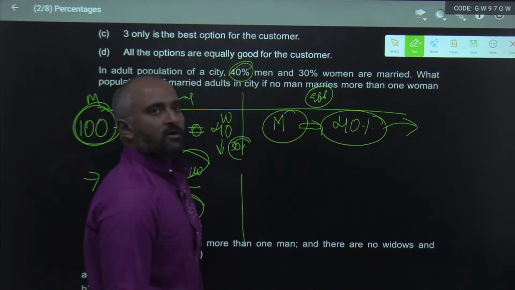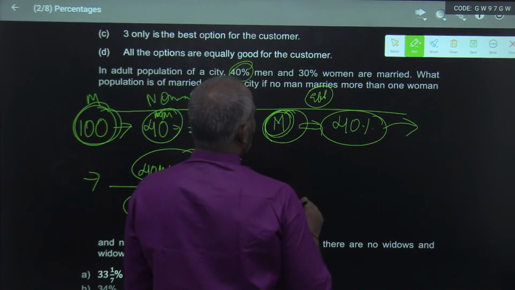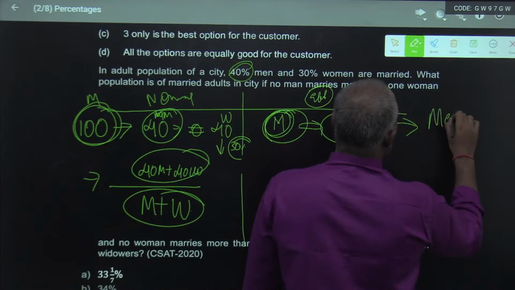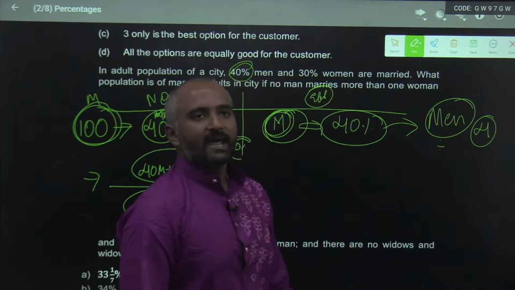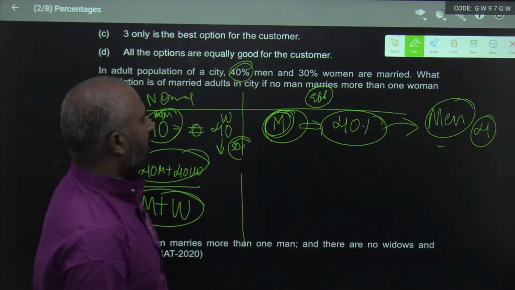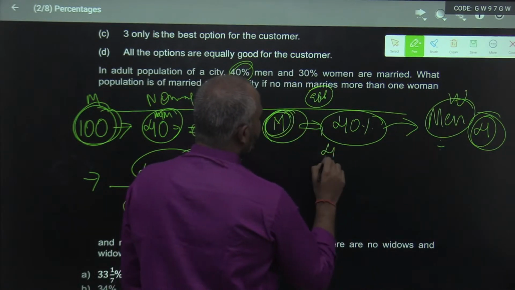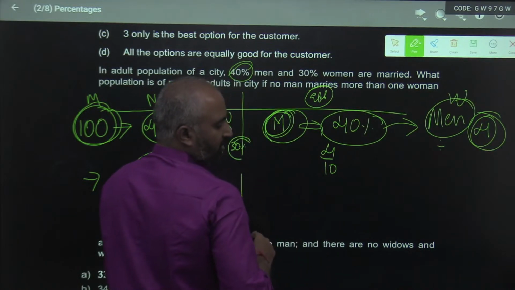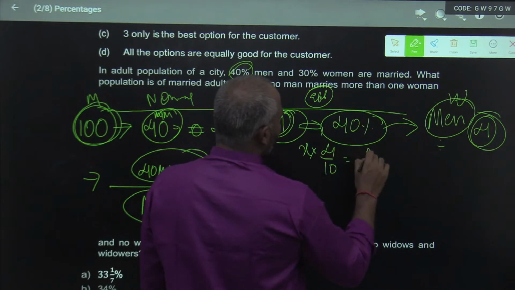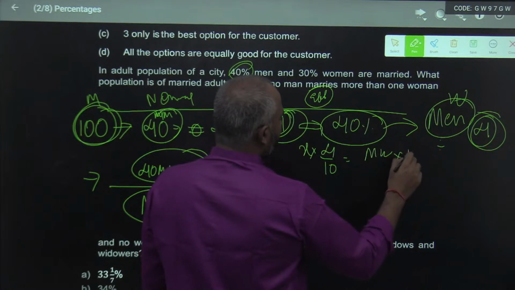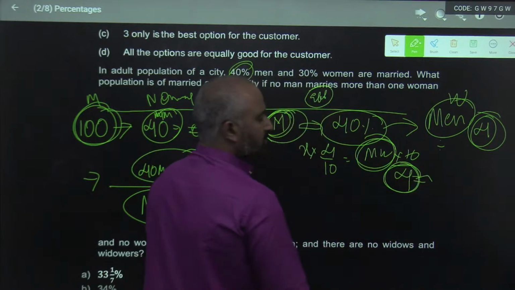That means if the number of married men is divisible by 4, I will get only integers, because 40% is 4 by 10. So total into 4 by 10 is married men, and total becomes married men into 10 by 4. So if married men is divisible by 4, calculations become easier.